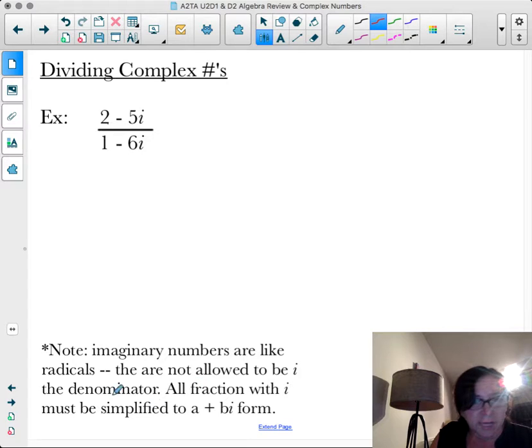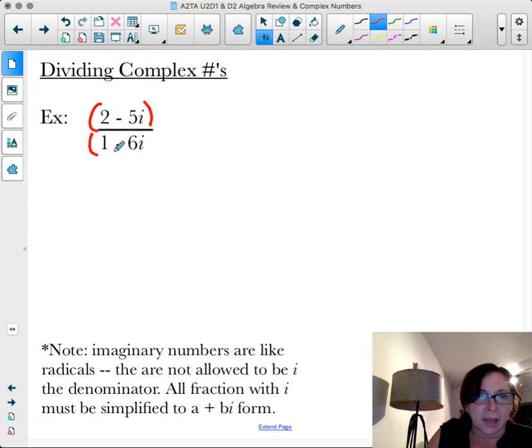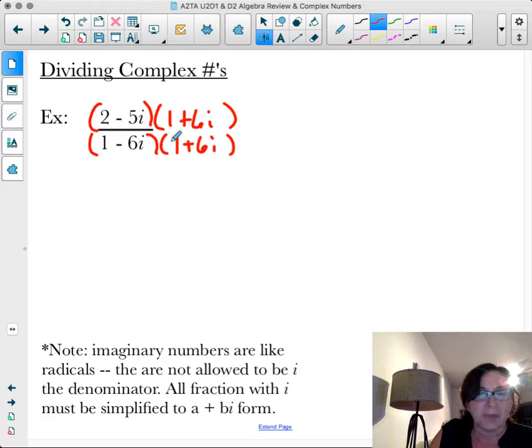They're not allowed to be on the denominator. So we're going to fix this, and we're going to actually multiply by the conjugate. And in that case, it's going to be 1 plus 6i, 1 plus 6i, because you really can't just change an expression. You have to multiply it by 1, but it can be in different forms.